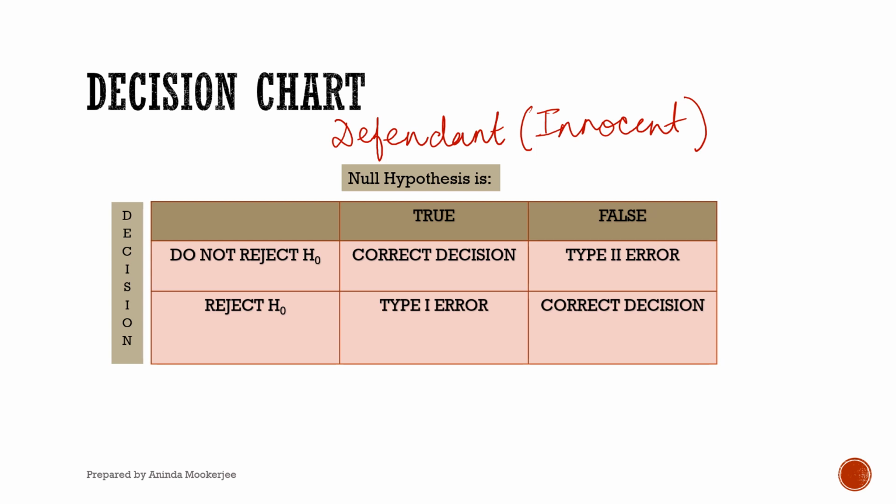If, on the other hand, the null hypothesis is true, but we have rejected the null hypothesis, then we've made an error. That means we have proclaimed the defendant that was innocent to be guilty. We've rejected the null hypothesis. We've made an error, and that error is type 1 error. Now, I can give you a mnemonic to remember this.